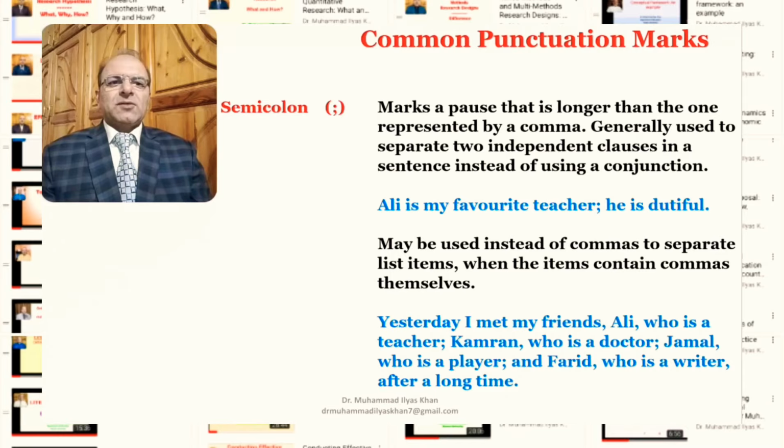So here you can see we have made use both of commas and semicolon, and what the use of semicolon here means is that there is a list of items, and the items then contain commas themselves. So for that we have made use of the semicolons.